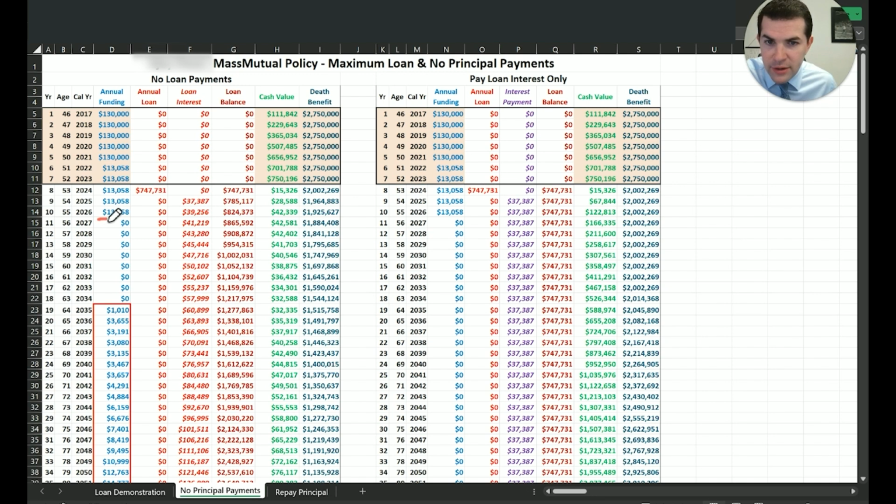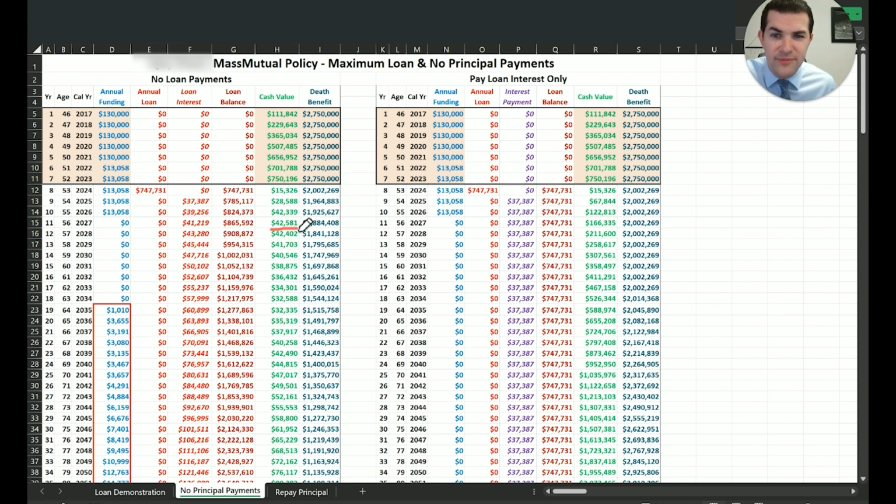But if I look at year 11, when you pay nothing, loan interest is $41,000 and change. You don't pay it at all. The policy takes a loan to pay that $41,219, and then anything left over is kicked back into cash value, which in this example is about $250. So not that much money, but the interest has outpaced the cost to borrow.